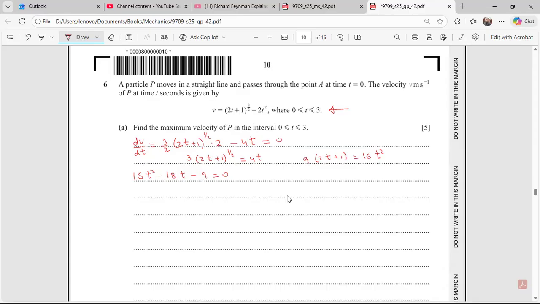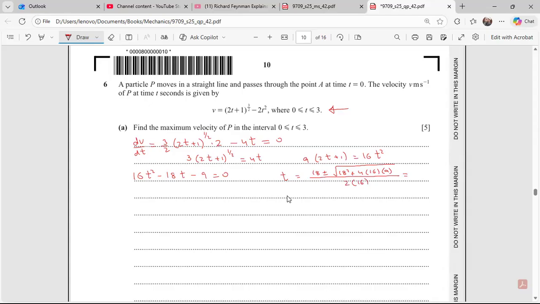Let me make sure that I'm doing it correctly. Yes. Okay, so let's solve this quadratic equation to find the value of t. This t is going to be minus b plus or minus the square root of b squared minus 4ac, so 18 squared plus 4 times 16 times 9, divided by 2a, so 2 times 16.